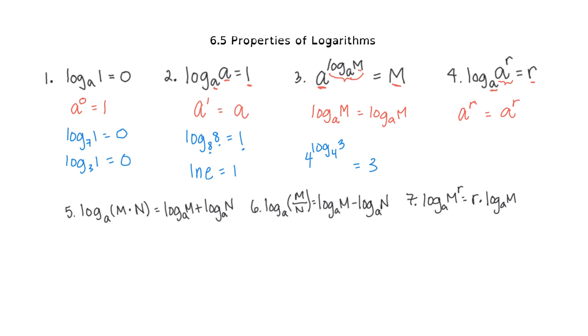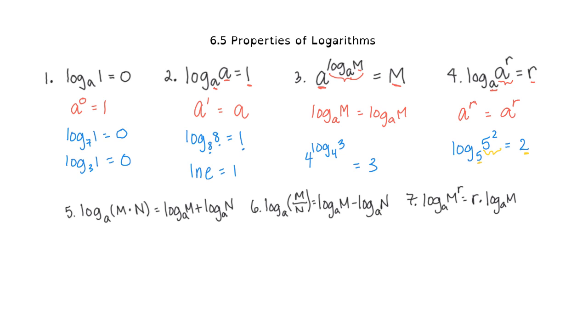To see this property using numbers, here's an example. Say we have log to the base 5 of 5 to the second power. The answer is just 2, because if you rewrite it in exponential form, you have 5 to the second power, which is 5 to the second power.